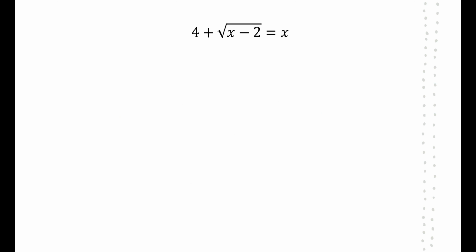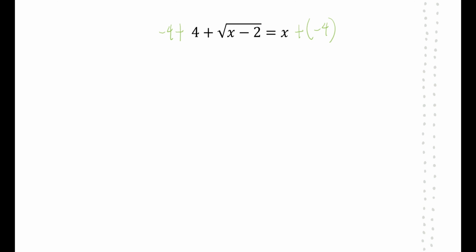4 plus square root of x minus 2 equals x. The first thing that we have to do is to arrange the terms in this equation so that all the variables in this equation are on the same side of the equation. So using the addition property of equality, we have to add negative 4 to both sides of the equation and then simplify.